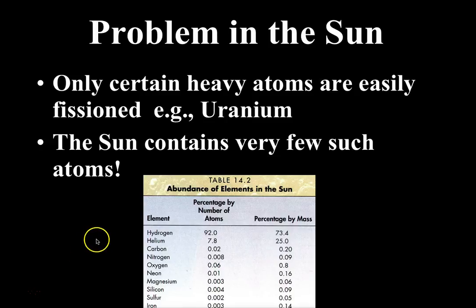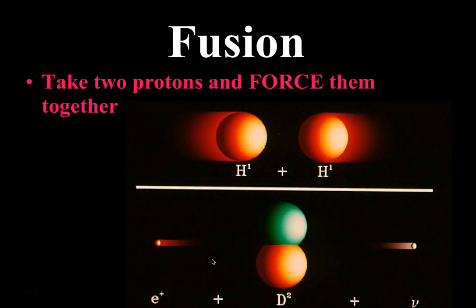Okay, but there is a problem though. As you can see by our chemical abundance in the sun, there's no uranium to be seen. So there's no source of fuel for the sun to fission apart and create energy that way.